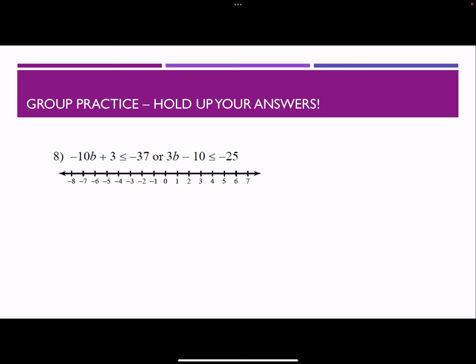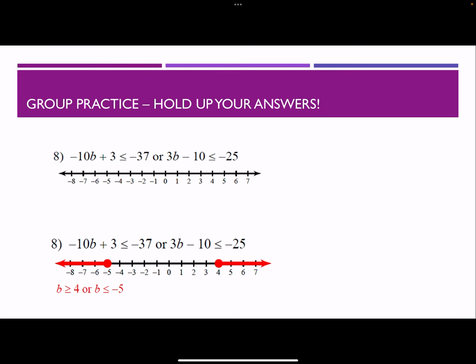And then last one. So again, copy this problem down and then pause the video and solve it and then graph it. All right, now that you've paused and unpaused, here's your solution and then the matching graph.